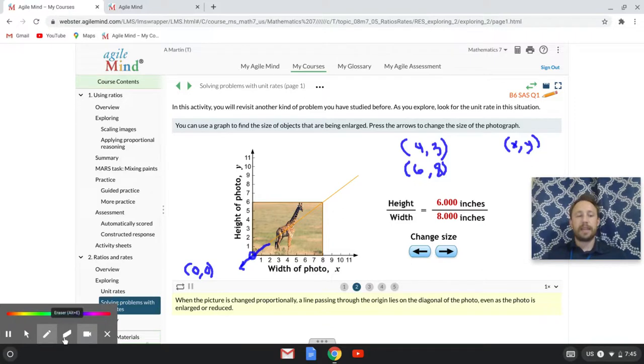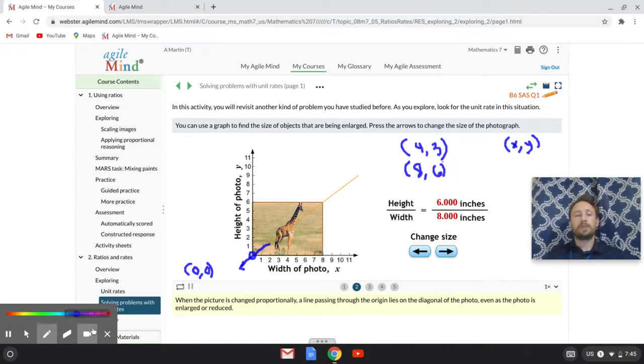No, X is not coming before Y. So that means we have to reverse these, because X always comes first. So X, once again, we start at 0 and we go to the right to 8. And our Y, we're going to count up to our Y. 1, 2, 3, 4, 5, 6 is 6.